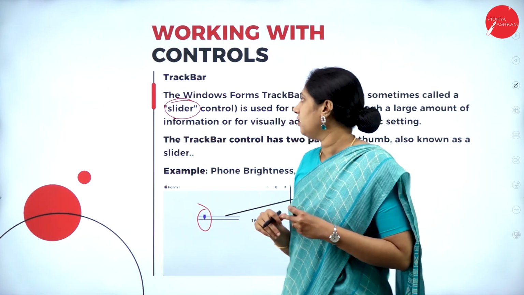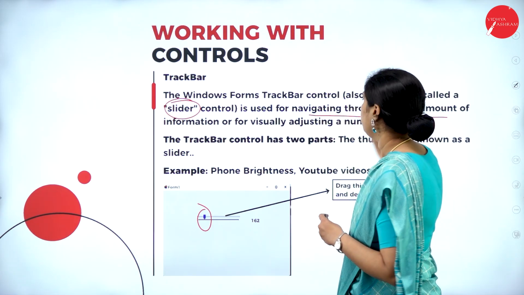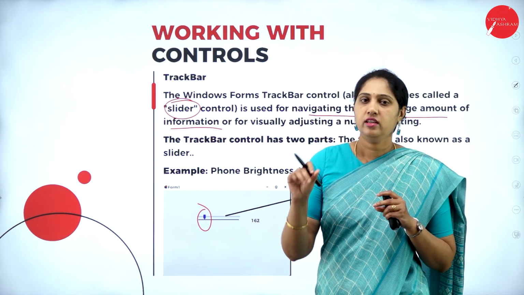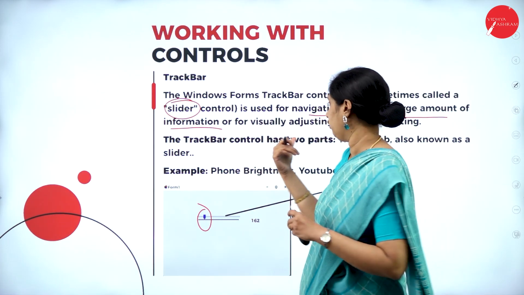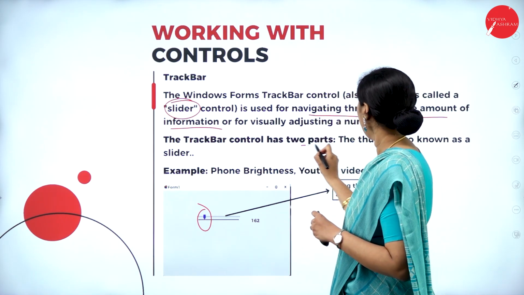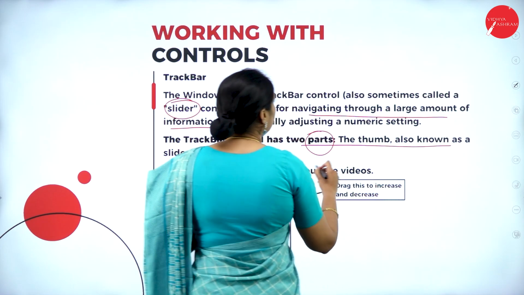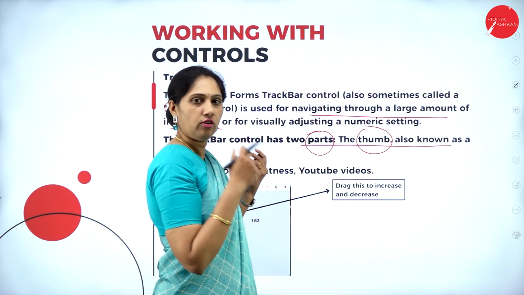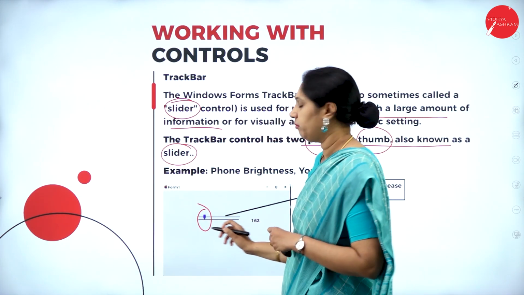The same example works here, track bar. It is used to navigate through a large amount of information. By just pulling it, I can navigate the information. So again, this has two parts, and the thumb is also known as the slider. So we can also call it a slider, and this is the example.